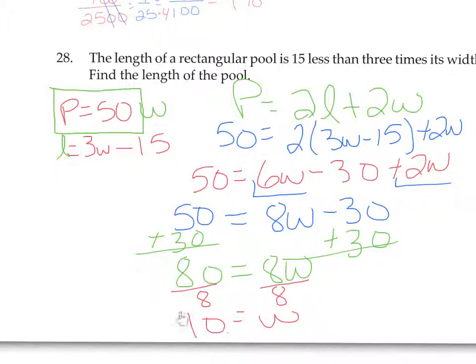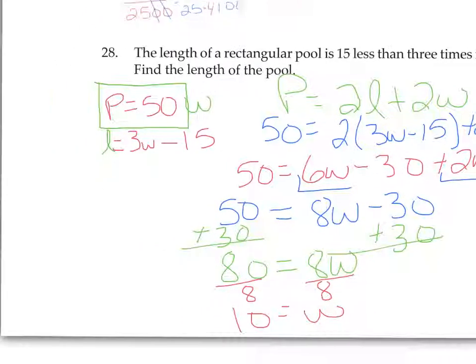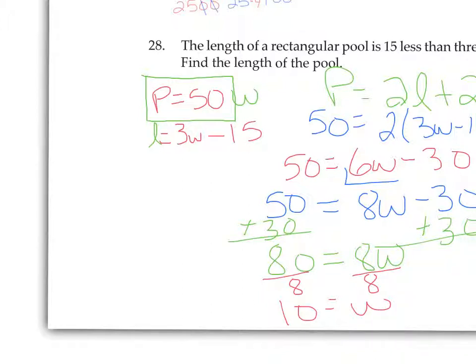Well, we found the width. That doesn't mean you did something wrong. It just means that you're going to have to take an extra step now to find the length. And you've already expressed that the length is equal to 3W minus 15. So we're going to take the width, we're going to put it in here for length, and we're going to simplify one more time. The length equals 3W minus 15.